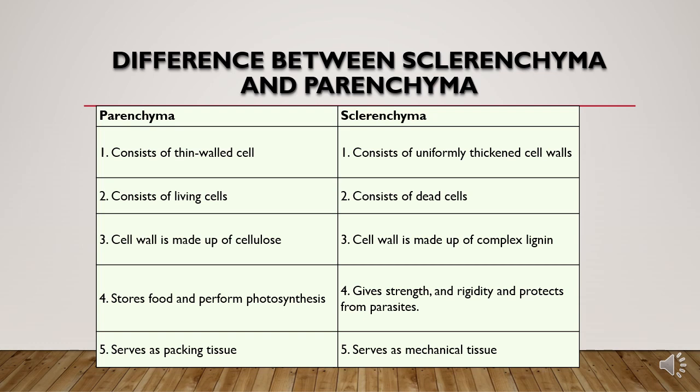The parenchyma serves as a packing tissue, while the sclerenchyma serves as a mechanical tissue. So the parenchyma helps to store food and performs photosynthesis, which means it serves as a packing tissue, but is different from the sclerenchyma.